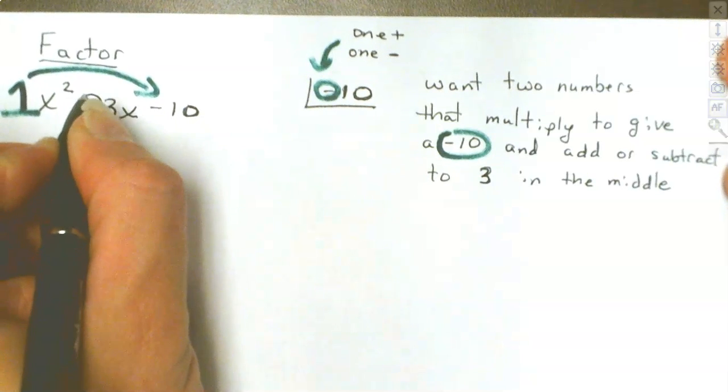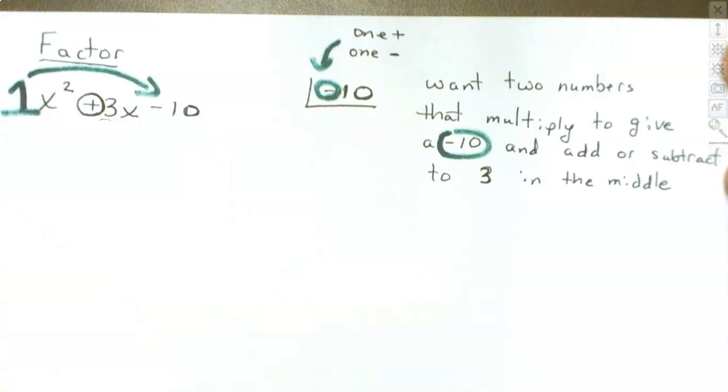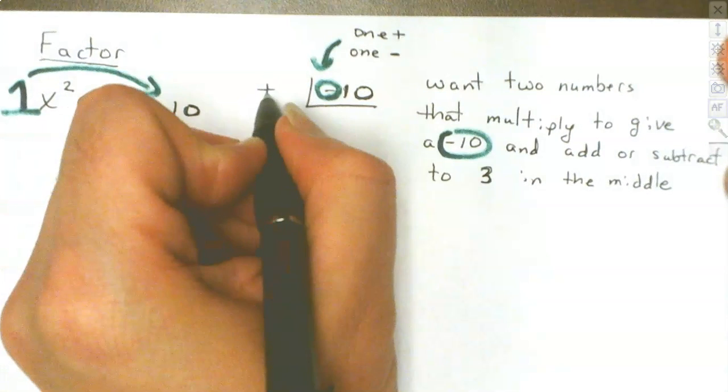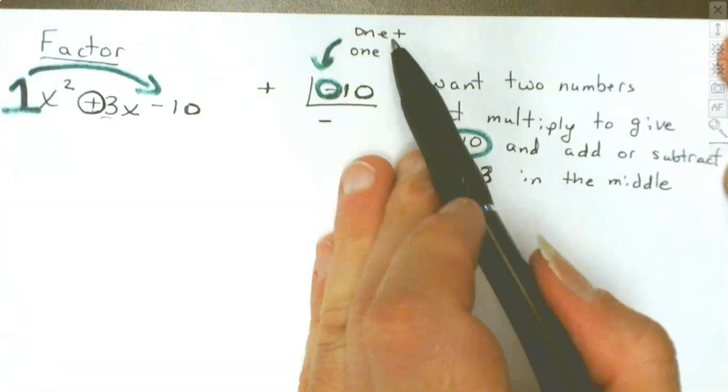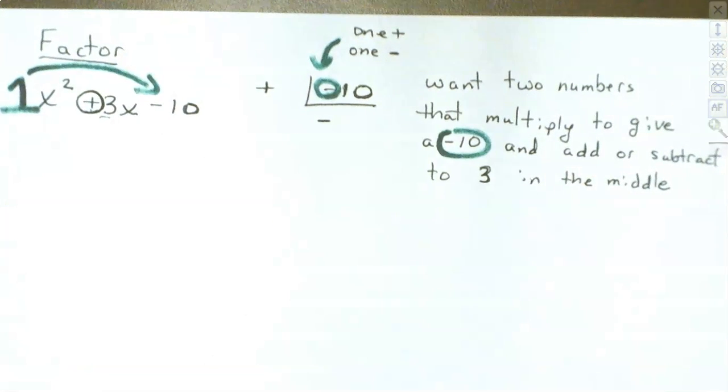What's the sign of the middle term? It's a positive 3. So we need to make sure that that sign goes first, because that's our largest sign. So we're going to have a positive, because in the middle is positive, and a negative, because one is positive, one is negative. Now we need two numbers that multiply together to give you a negative 10. In this case, subtract from each other to give you 3.